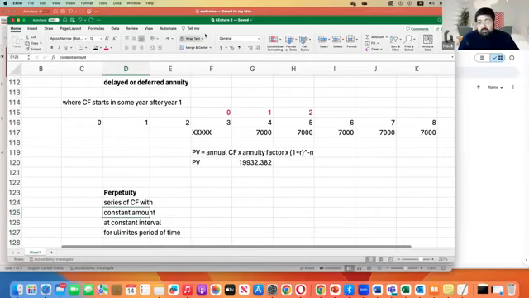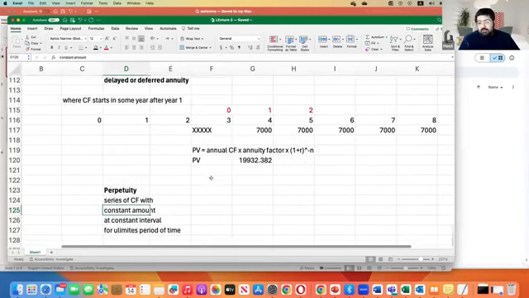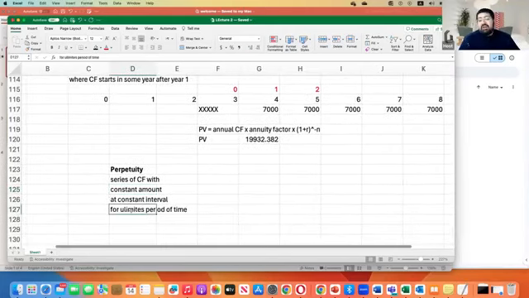Normally constant amount. Sometimes constant growth is also there. So perpetuity has one difference: unlimited period of time.